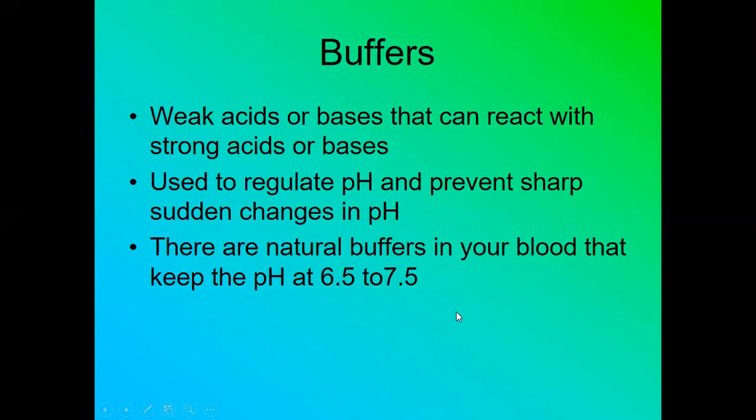Now, luckily, if your body gets thrown out of proportion, you can use these things called buffers. Probably the one that you're most familiar with would be something like either milk of magnesia or Tums. And those are basic items. Think about it. You sit down to dinner. You have this amazing spaghetti dinner. Lots of beautiful, rich, tomato gravy.